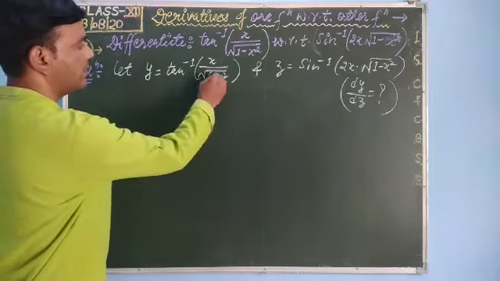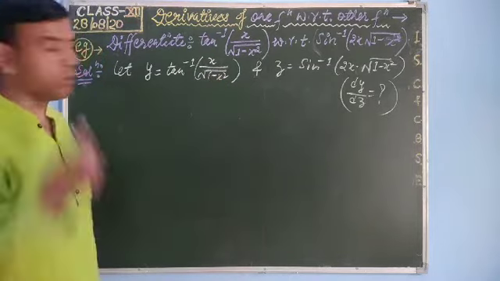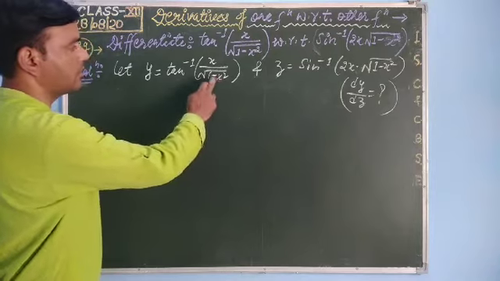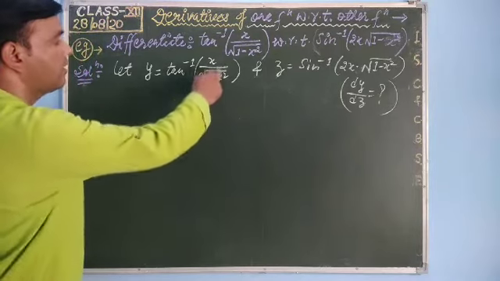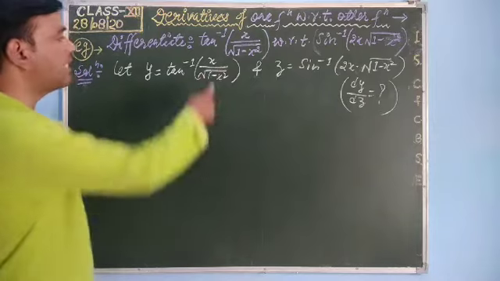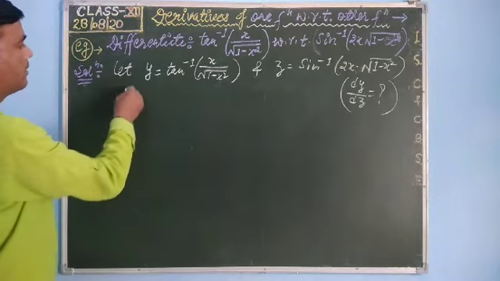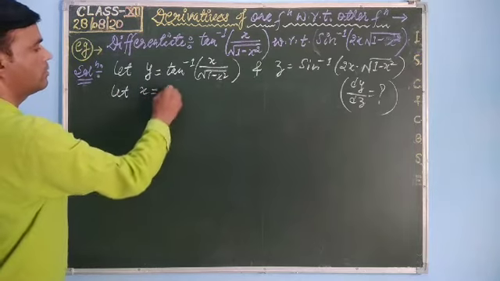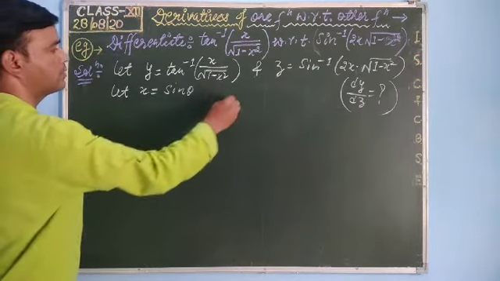So we have to take x is equal to sin theta. Though we can take x as cos theta, in that case we would get cos upon sin, means cot theta, but we need tan theta inside to cancel this. So let x is equal to sin theta for this first one.